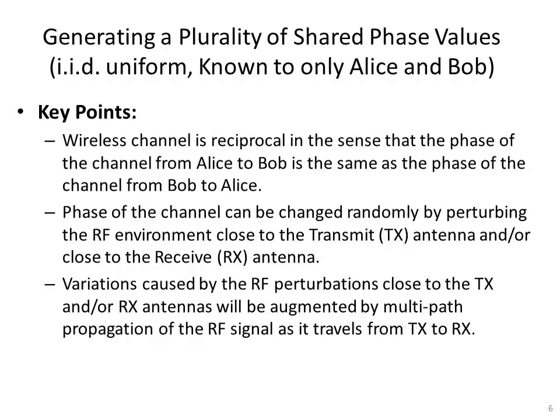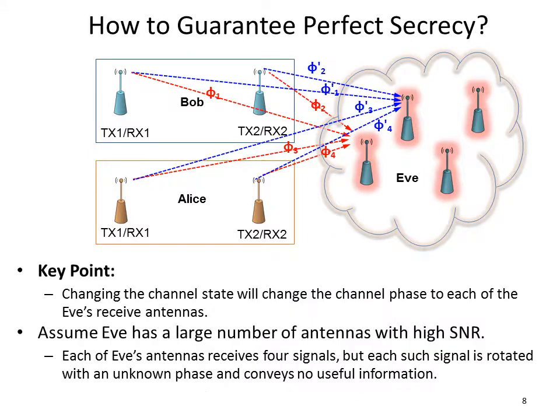This means a small modification in the RF environment will cause a totally new phase. It remains to explain two points. One is how to perturb the RF environment, and how to guarantee perfect secrecy.